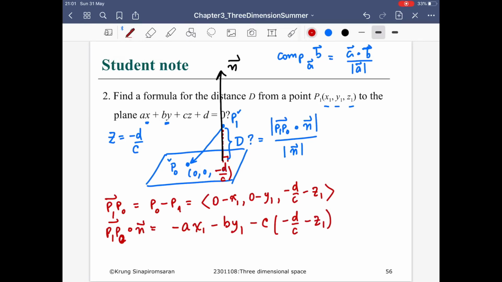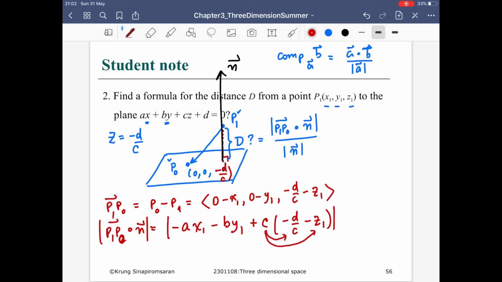This is a dot product, and then you are going to find the absolute value, so by the absolute value you just pull out all the negative signs. Oh, sorry, this is positive c. You calculate it first, so you get negative d and then negative z1.